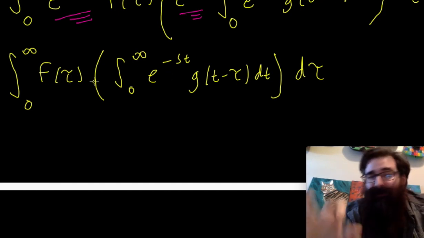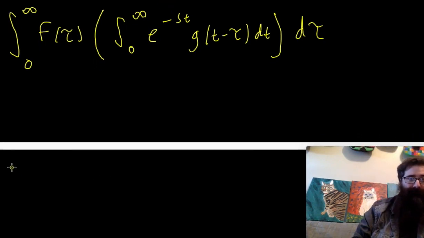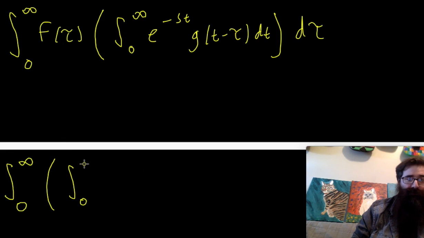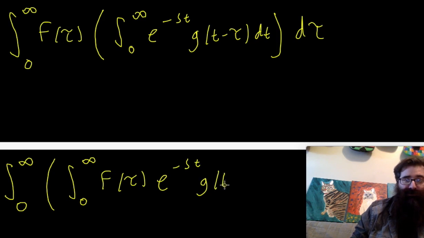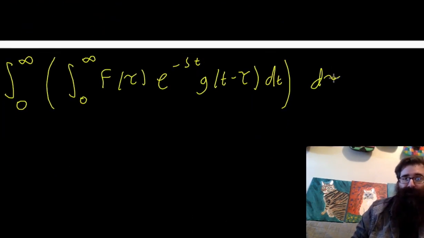I can bring it back inside, and I could say that this is the same as the integral from 0 to infinity of the integral from 0 to infinity of f of tau times e to the minus st times g of t minus tau, and that's an integral with respect to t, and then all of this d tau for the outer integral.